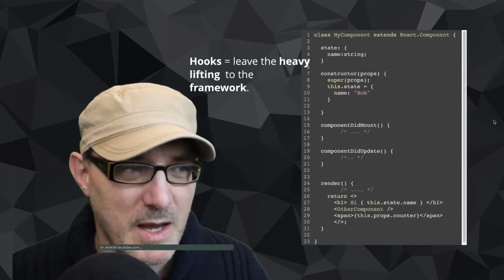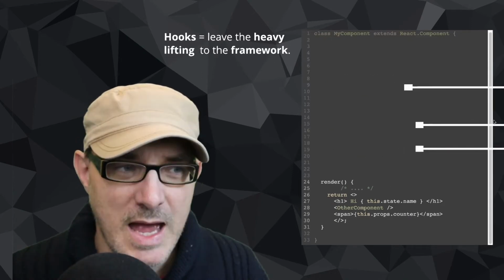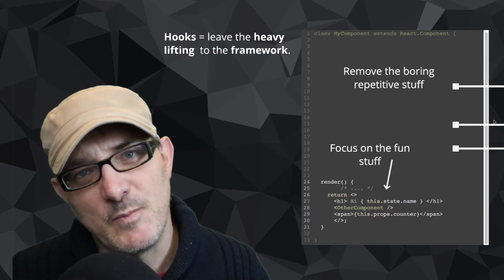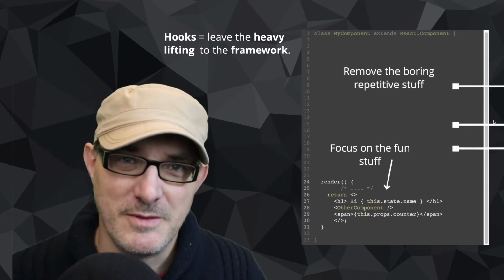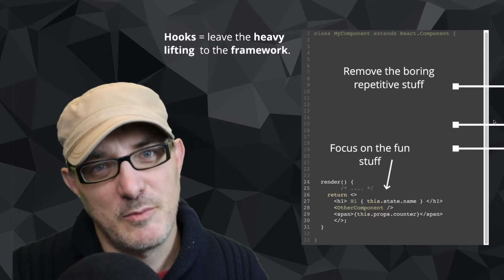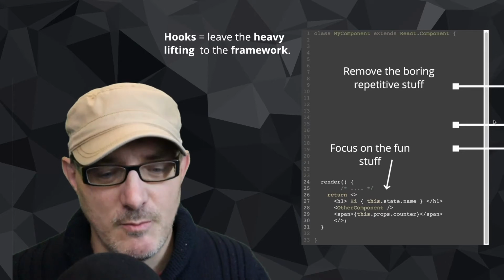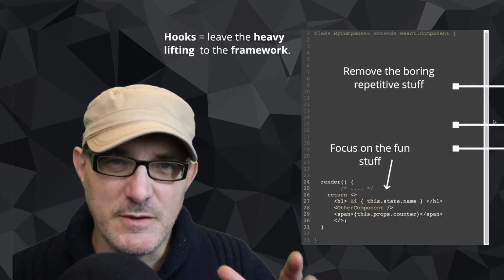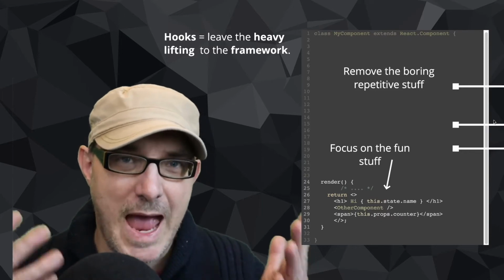But hooks allow us to leave the heavy lifting to the framework, to bring out the boring, repetitive stuff and to focus on the fun stuff, the logic, the presentation. This means that our code is more streamlined, more readable. It means we can just focus on the fun stuff, on how we want our application to look and to behave.